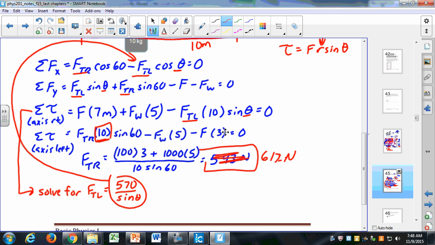I get FTL in terms of theta. And then up here, since I know FTR now, if I replace this with something in terms of theta, then I have an equation with just one unknown. So now I'm going to take this equation and make that substitution. It's going to look like this. I have FTR, which is now 612, times cosine 60.